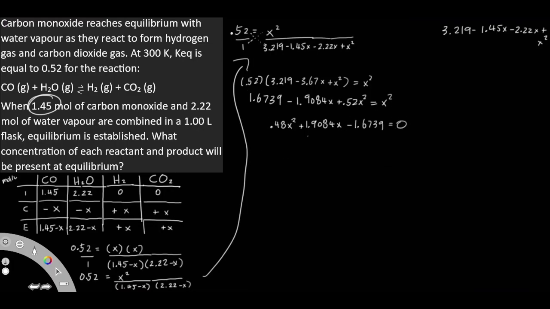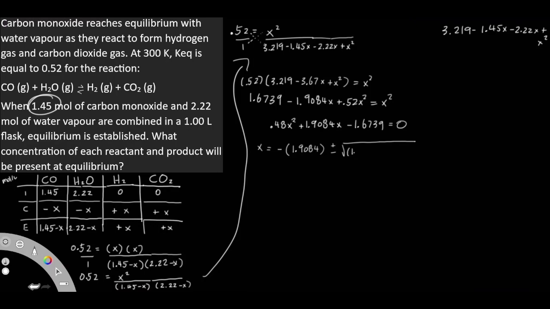Now we're going to do our little quadratic formula. So x is equal to minus b. What is our b value? 1.9084. Okay, so minus 1.9084 plus or minus the radical. Within the radical, b squared. What is b squared?